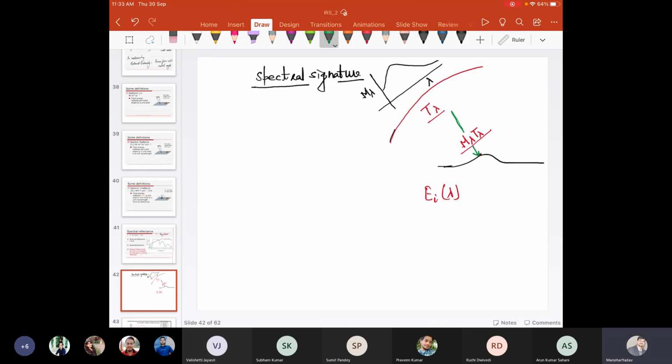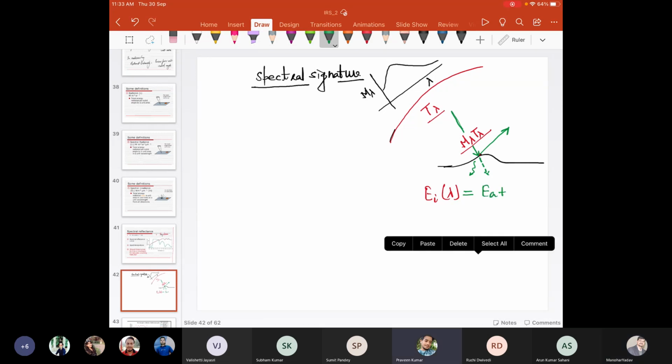It is reflected back over here, and part of the energy is transmitted and the remaining is absorbed. So EI can be written by applying the law of conservation of energy, that is, the absorbed component, EA over here.